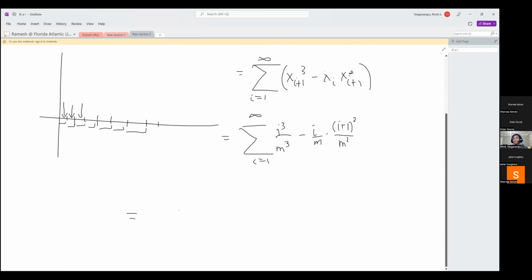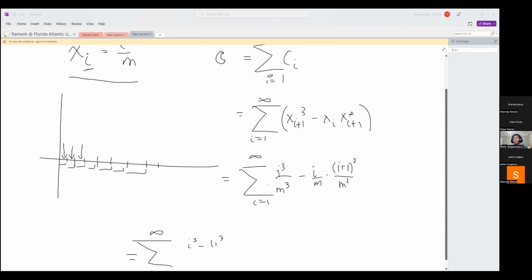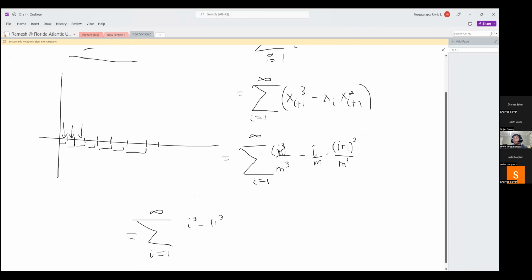So this equals, well, we have to expand this a little bit. This is the sum from i equals 1 to infinity. This is i cubed minus, and the numerator is i cubed, yes, that is also i plus 1. Oopsies.